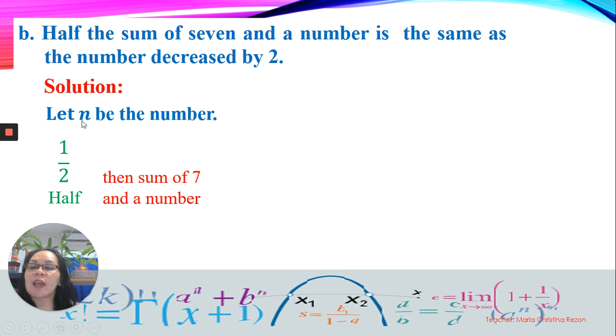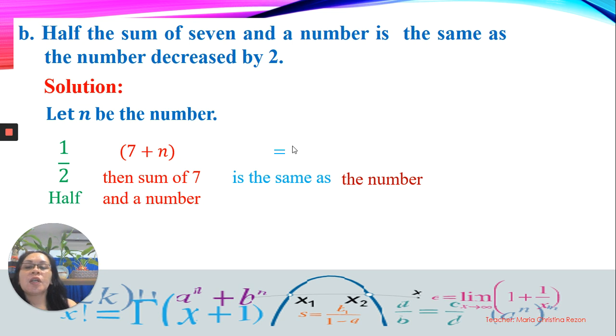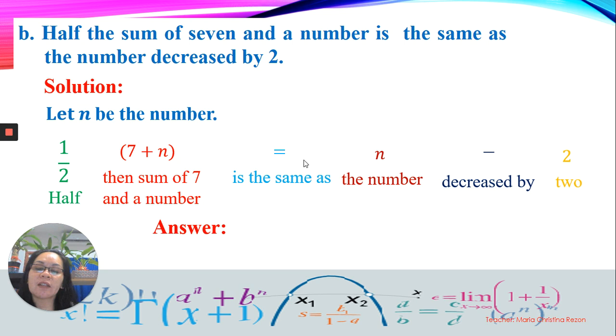Our number is n, so that will be 7 plus n, is the same as, is equal to, and then the number, that's your n, decreased by 2, so minus 2. Therefore, our answer will be 1/2 the quantity of 7 plus n is equal to n minus 2.